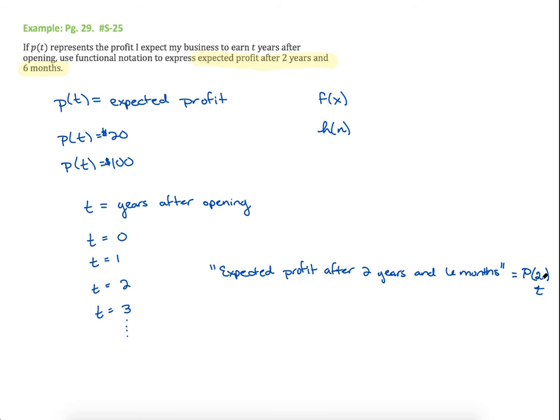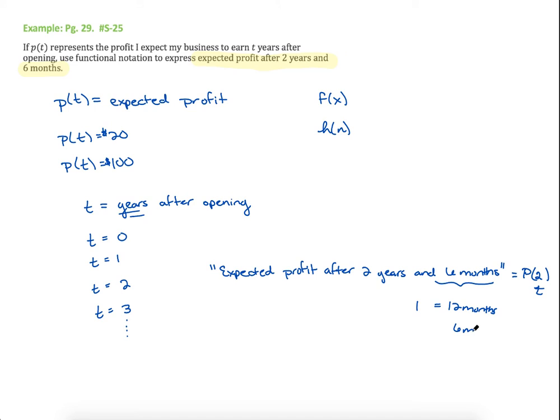So I know that if I write 2 here, that means 2 years. But how do I represent the 6 months? Because I have to represent 6 months in terms of years, because that's how we define t. t is defined in years. So you just think about it: how many months are there in a year? There are 12 months in a year. So if I had 12 months, that would be equivalent to when t is 1.